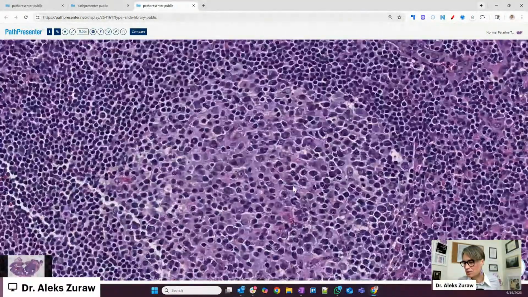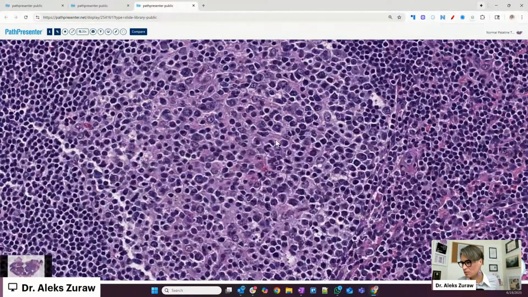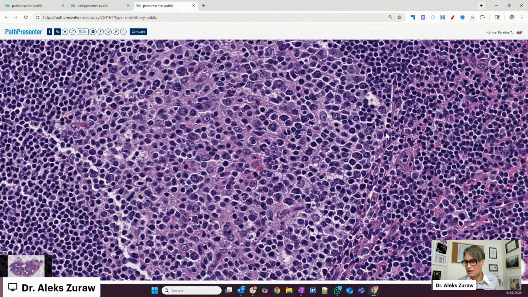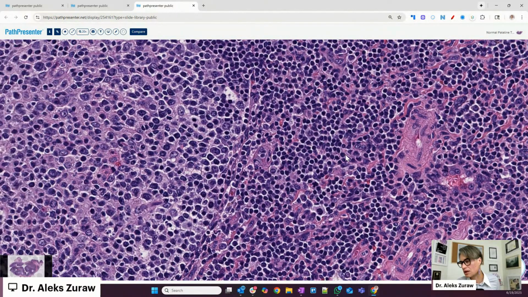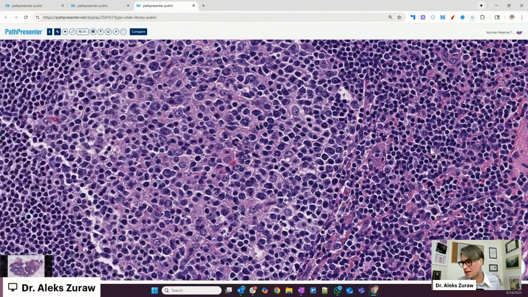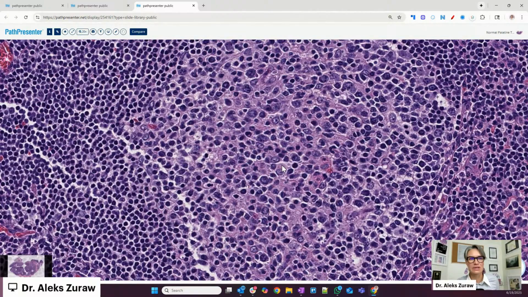They just have more cytoplasm. And by cytoplasm, I mean everything pinkish around here, whereas the ones surrounding them are just these dark nuclei. You don't see the cytoplasm. It doesn't mean they don't have it, but it's just so little that you don't see it on the histology slides, whereas these guys have some more cytoplasm happening inside.